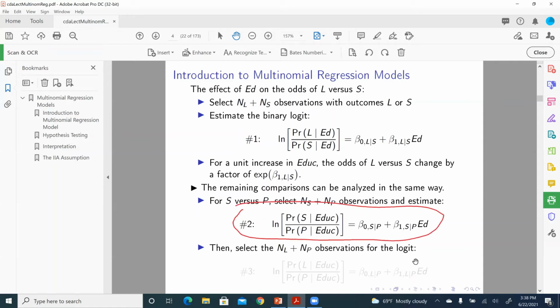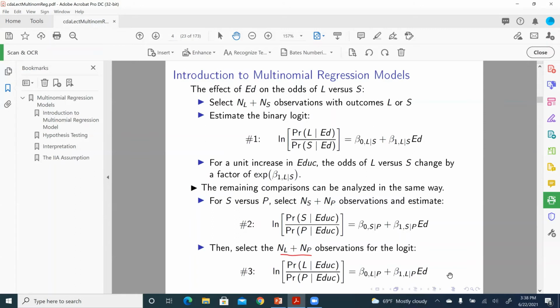And if we're interested in the odds comparison of L versus P, we can run a third binary logit regression, right? So to some extent, multinomial logit model can be viewed as a combination of separate binary logit models. But under the framework of multinomial logit model, it is done simultaneously.